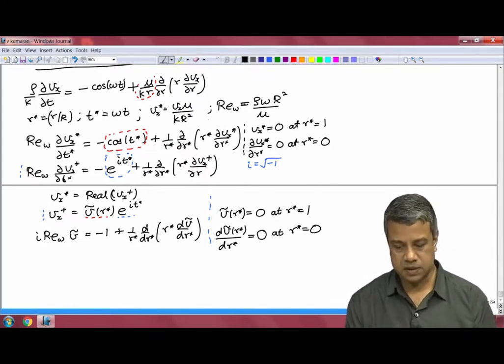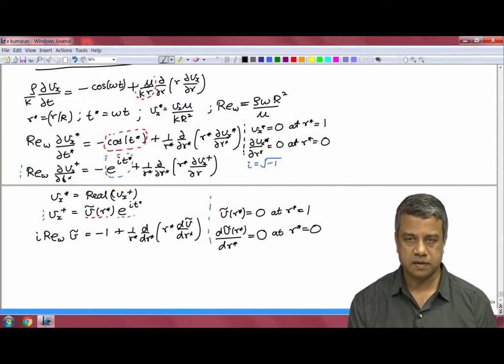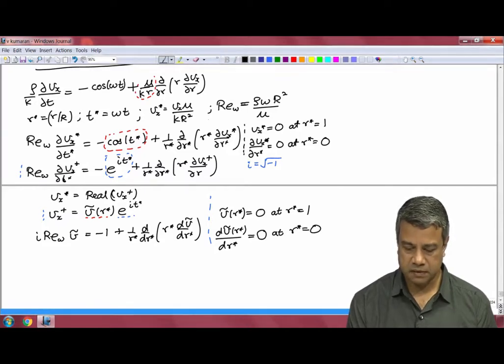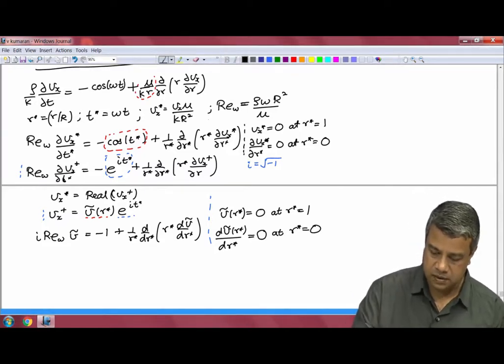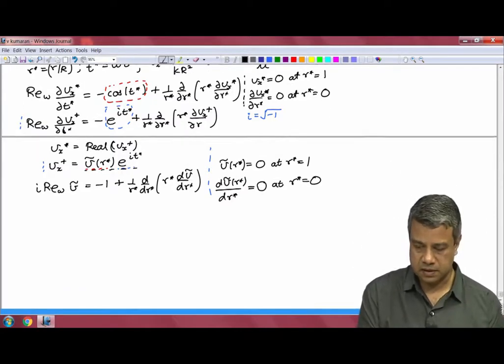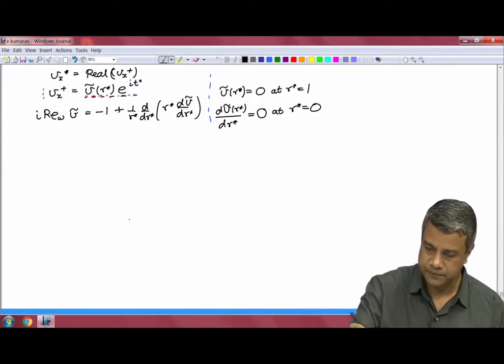So, those are the equations and the boundary conditions that have to be used for solving this equation. Once I get V tilde, then from that I substitute here and we get V x plus, take the real part of that and get V x star. So, how do we solve this equation?